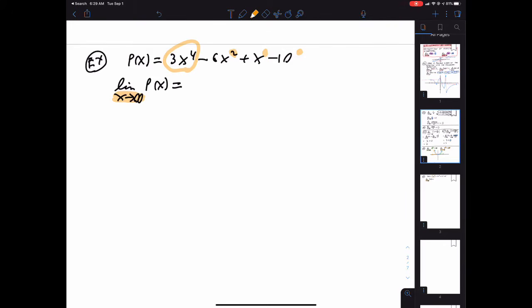So all you have to do is look at the highest power, because I'll just look at x to the fourth and x squared. If x were 10, 10 to the fourth is 10,000, 10 squared is 100, right? So this would be 100 times bigger than that.